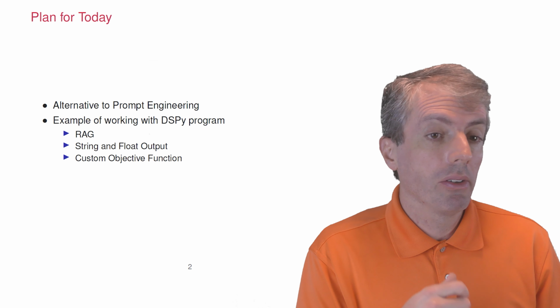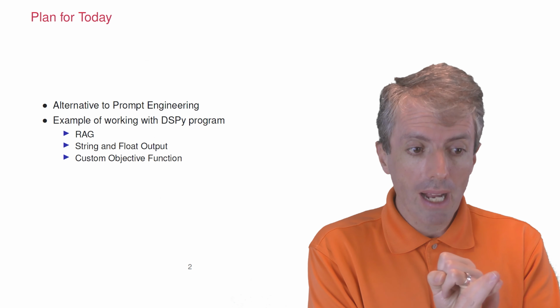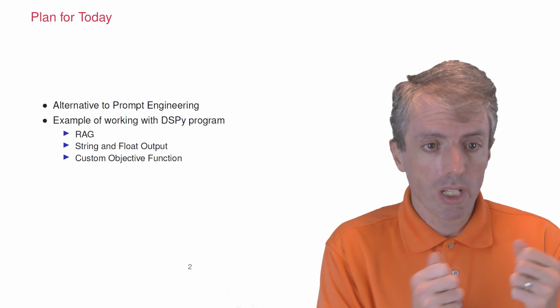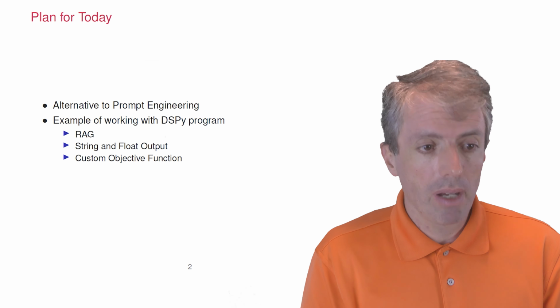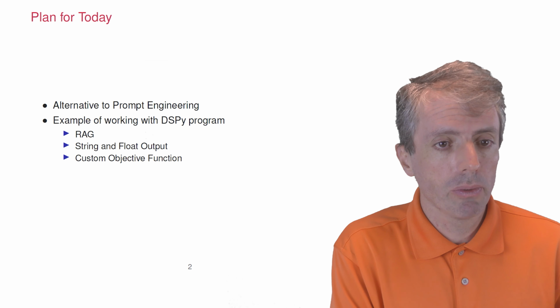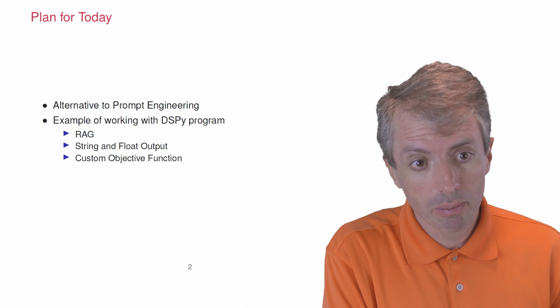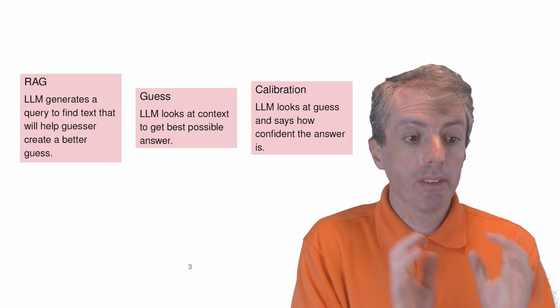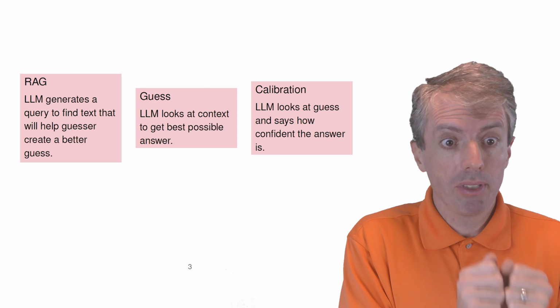In this example, I'm going to walk through how to use a RAG pipeline to generate input to a Muppet model, and then I'm going to use a custom objective function to score not just how good the answer was, but how well calibrated the system is. So just to walk through the steps, the first step is RAG.